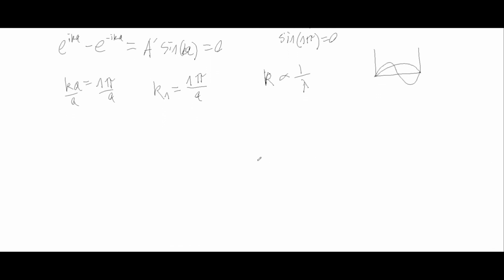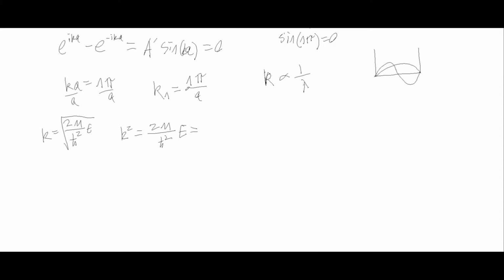So we said before, remember, that k squared is equal to 2m over h bar squared times E, which we said k was equal to this.